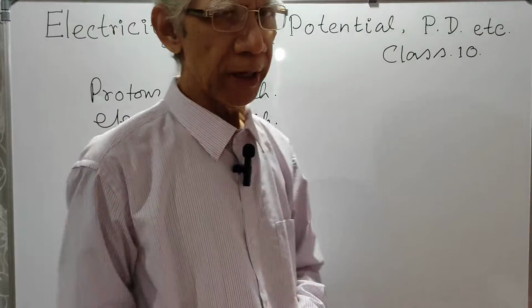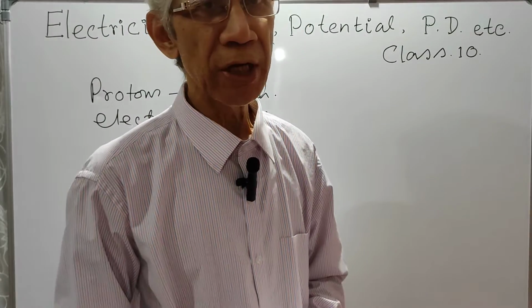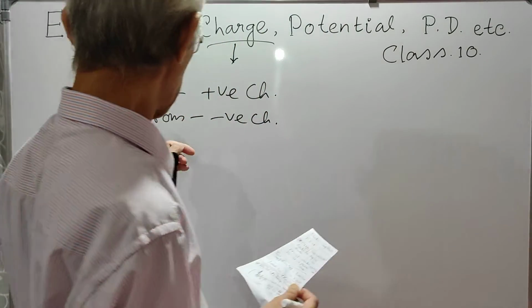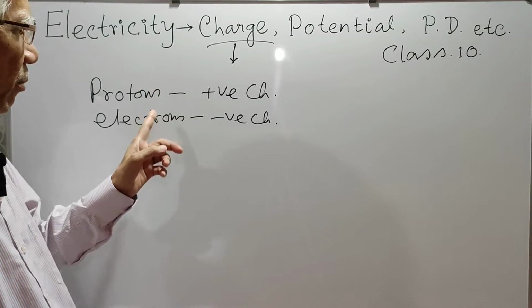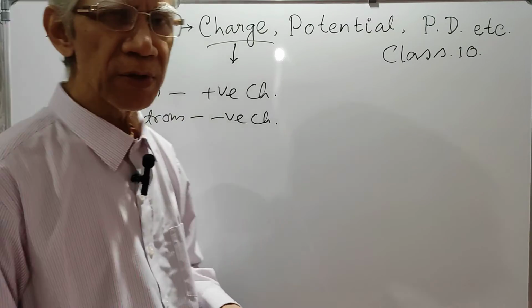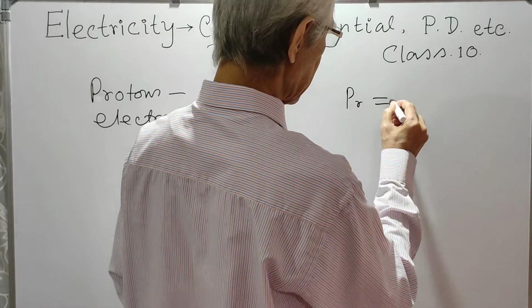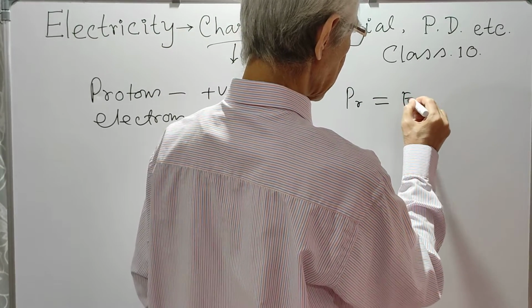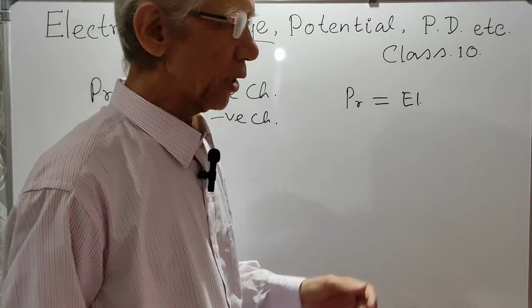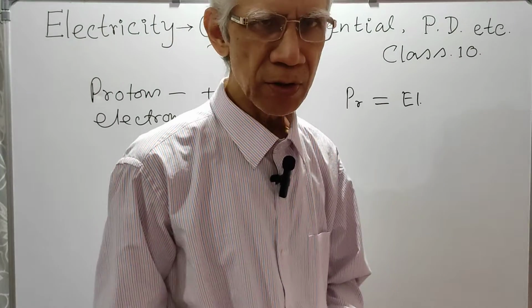Now, if a body has equal number of protons and electrons, then we say that body is neutral. So, number of protons is equal to number of electrons.